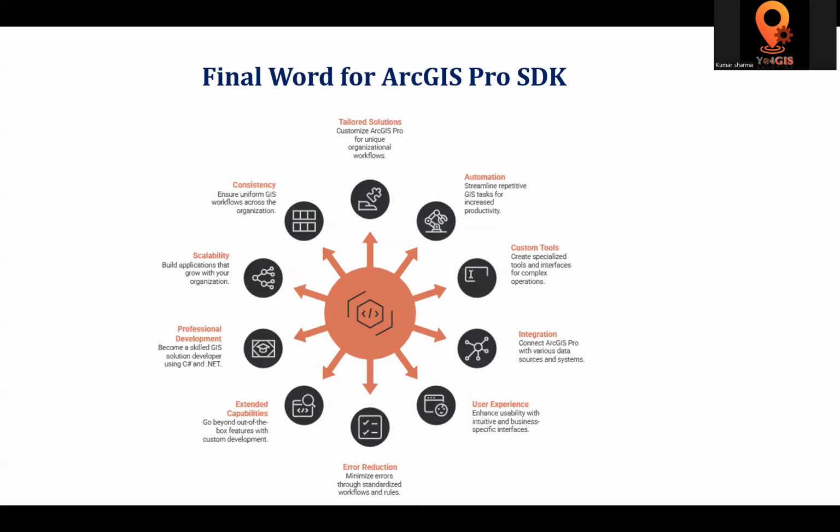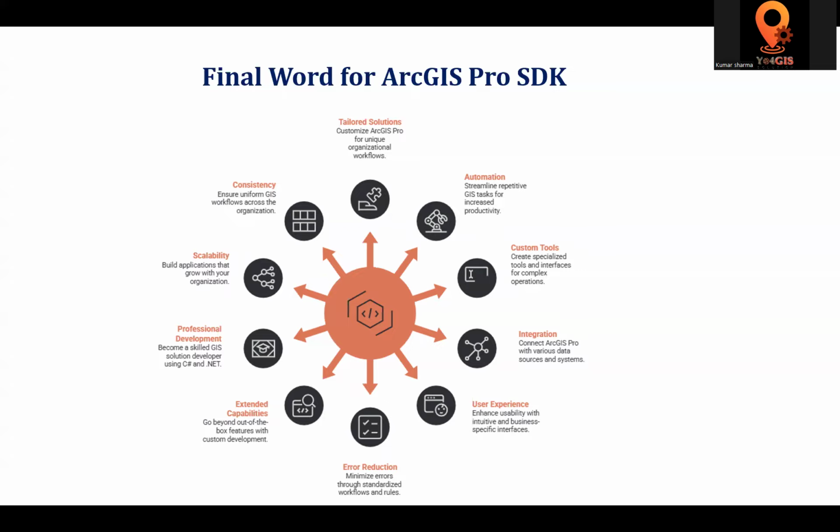So the final word for the ArcGIS Pro .NET SDK, the same things we have discussed till now: automation, custom tools, integration, user experience, error reduction, expanded capability, professional development, scalability, consistency. All these things are provided by the ArcGIS Pro .NET SDK.